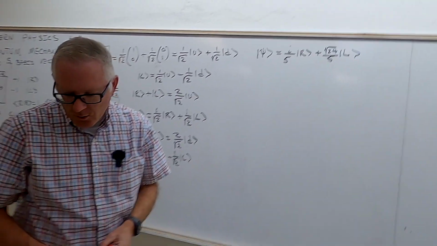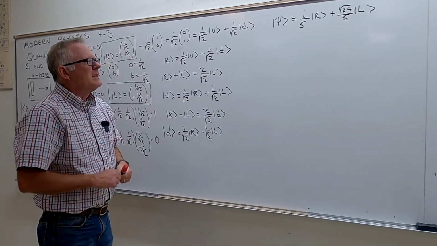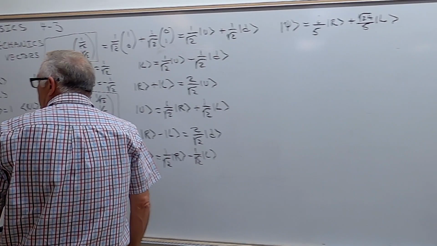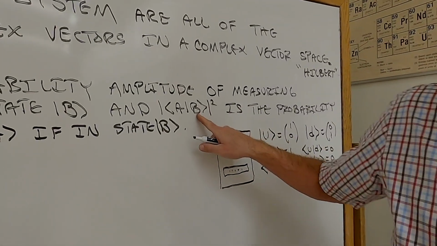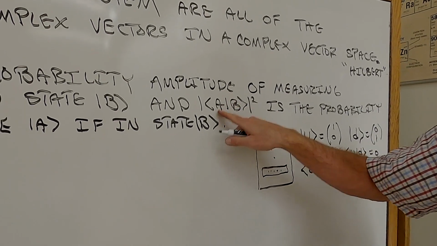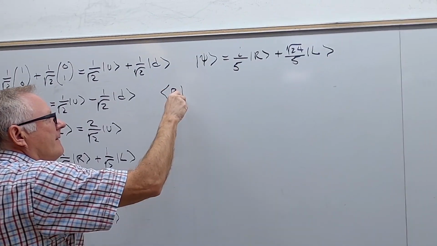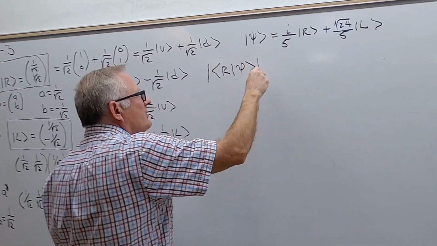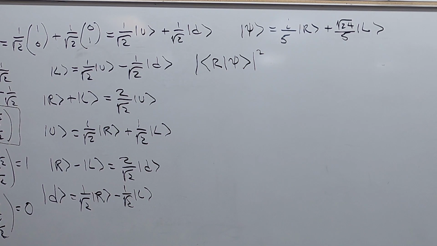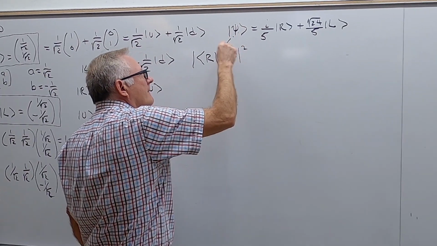Okay, so what do we want to find? Let's say we want to find the probability of measuring right. We're in the state psi, and we want to measure right. So we want to be right here, and we want to put psi there, and we want to square it. So we'll just plug this right into here.